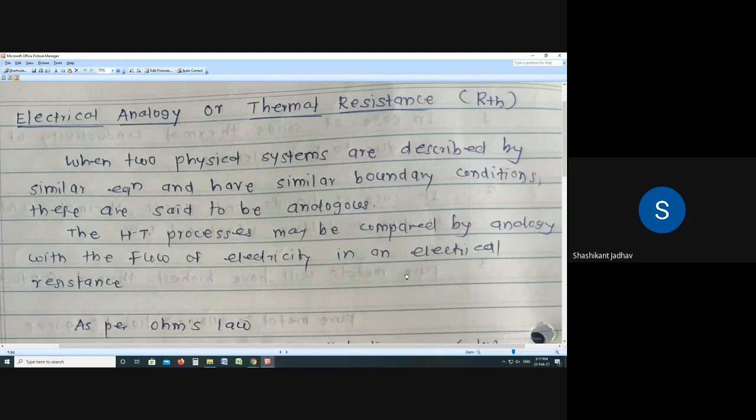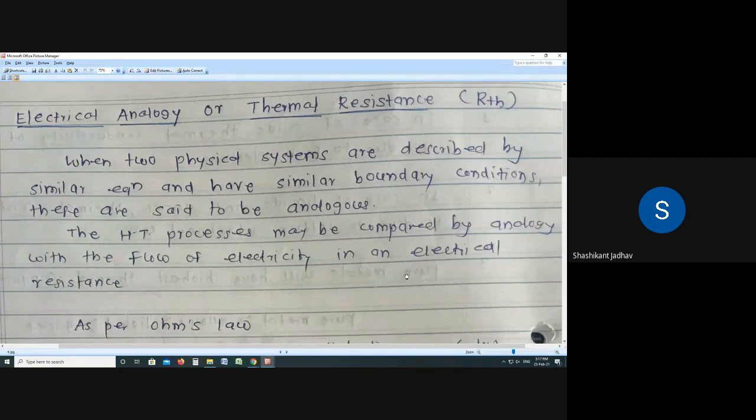Analogy means similarity. So we have to consider that electrical analogy means we are comparing the two systems. So what is meant by electrical analogy? When two physical systems are described by similar equations and have similar boundary conditions, these are said to be analogous. म्हणजे ज्या काही दोन physical systems असणार आहेत, for those two physical systems the equations should be the same and the boundary conditions are the same.